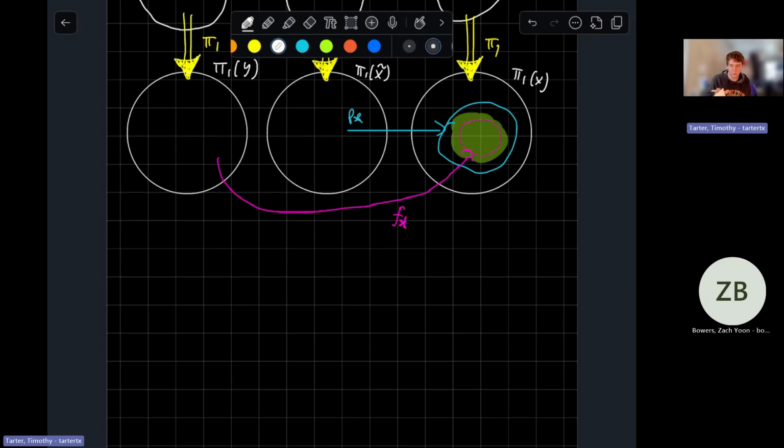For the goal of hopefully getting through to the deck transformations today, I'm going to omit the proof if that's okay with you. Yeah, I think it would be nice to go through.